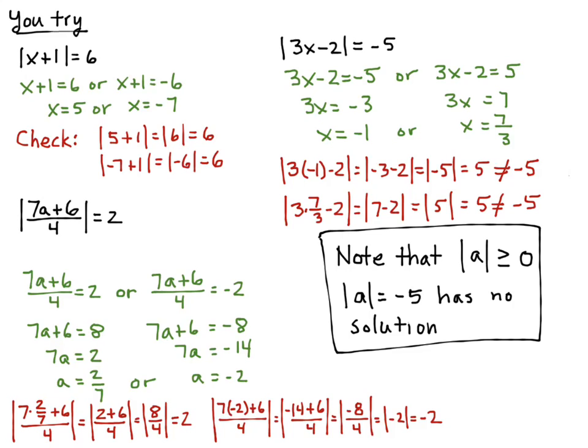Yes? So when do you put the "or"? Why don't you do that on the first one? I've always put "or" between the two equations. Oh, so do you always put "or" when you're looking for an absolute value?